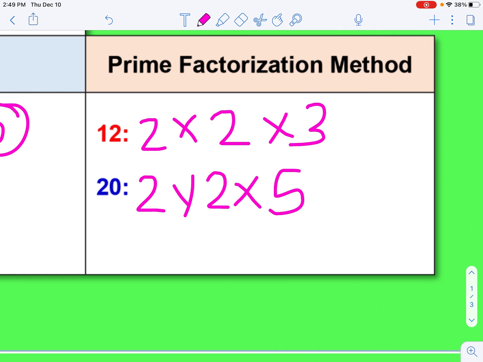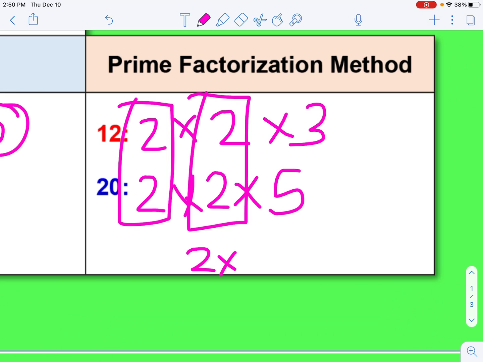Alright, so now to figure out the prime factorization way, we need to multiply all of the numbers together. But if they share a number, we only need to multiply it once. So for example, they both share this 2, so we're going to multiply that. They both share this next 2, so we're going to multiply that. They don't share a 3, but we still need to multiply it.